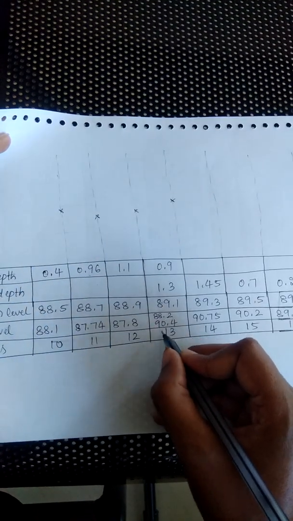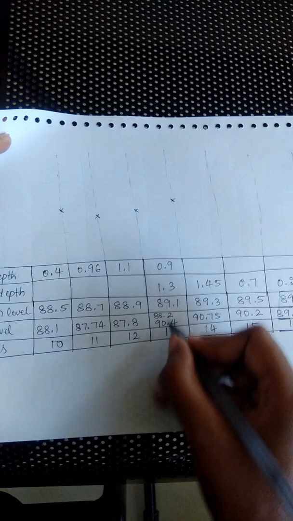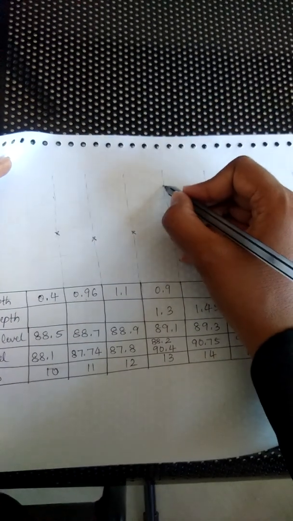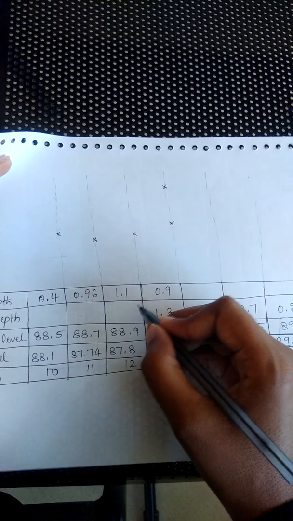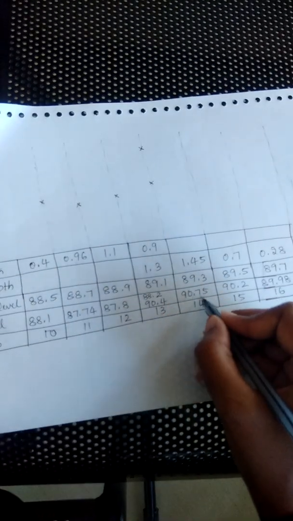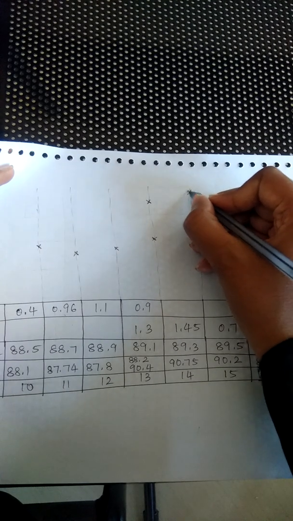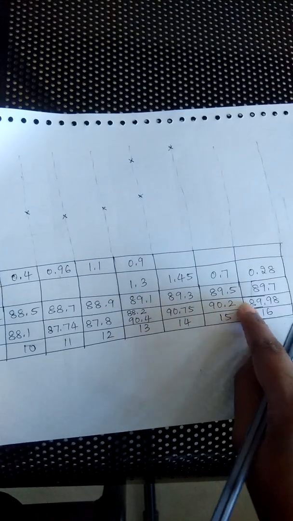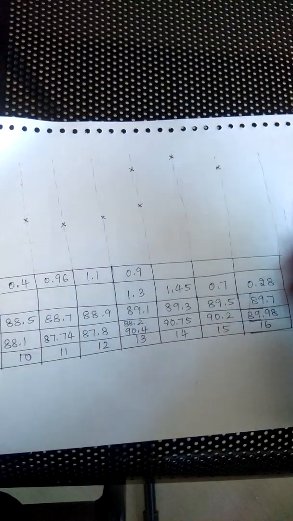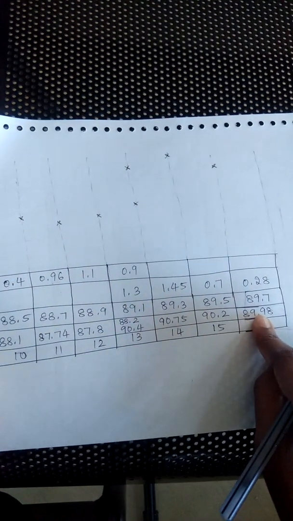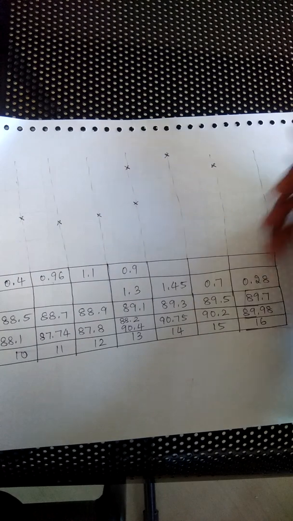Again for the same point the RL is 90.4. So for the same line you need to mention another point like this. Then 90.75, which is higher than again the previous one. Then 90.2, which is lesser than these two readings. So somewhere here you will get it. Then 89.98, which is lesser than again these three readings.